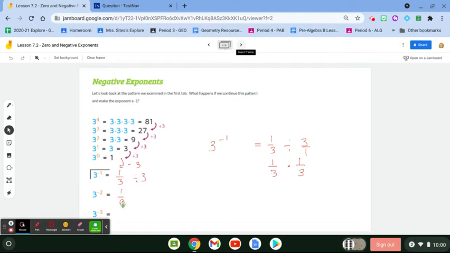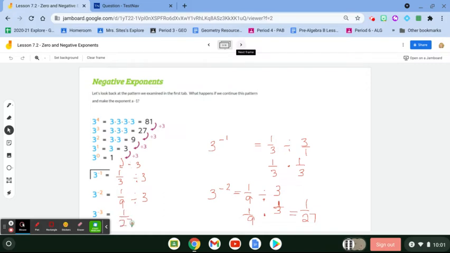Then if 3 to the -2 was equal to 1/9, and I divided by 3 again, remember I can't just divide straight across. I would have to keep it, change it, and flip it. So that would turn into 1 over 27. So 3 to the -3rd would be 1 over 27.